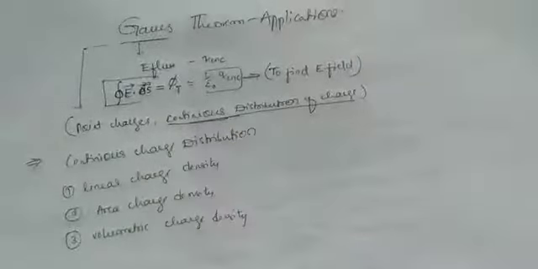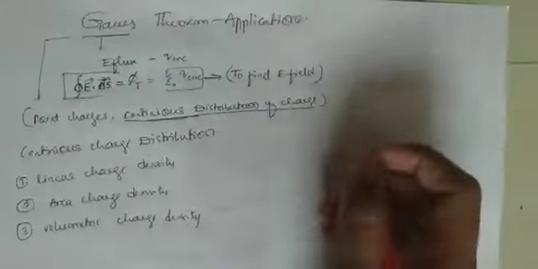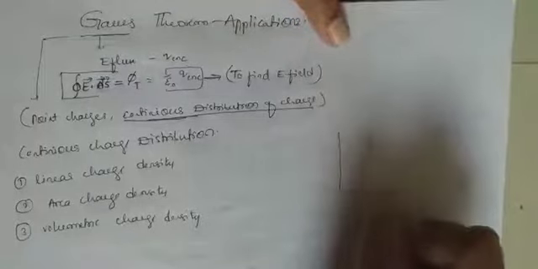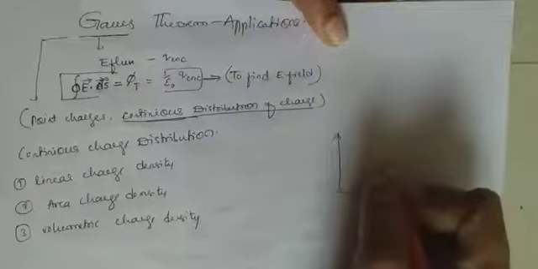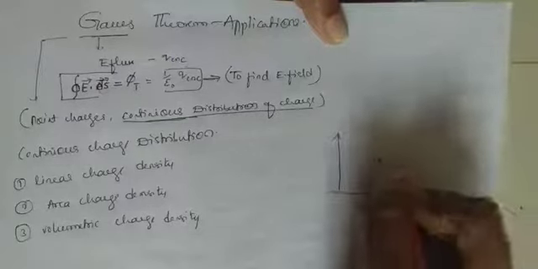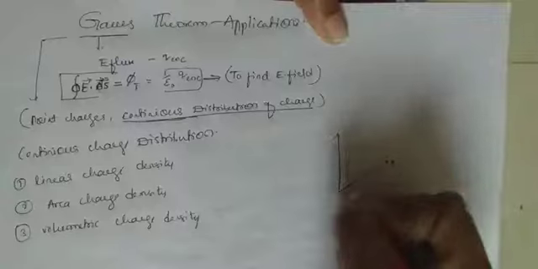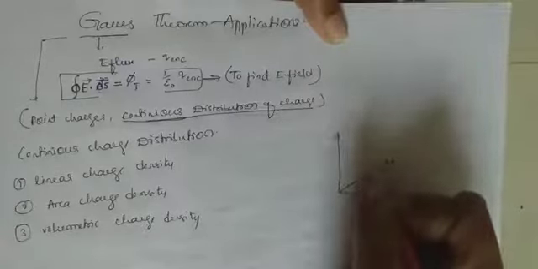So what is linear charge density? See here, this is a coordinate system. In this coordinate system, let us consider here is a point charge. For this charge, we are taking some distance, let us take r0.